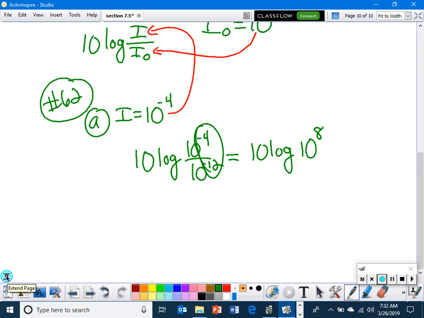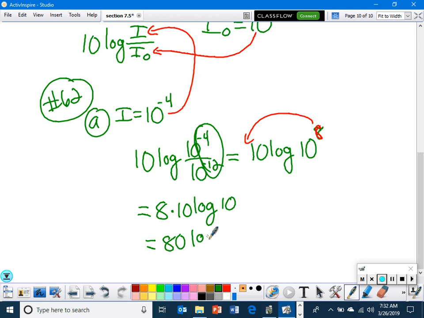Now, using my exponent rules, my power property, that 8 is now going to go in front. So 8 times 10 log 10. Well, 8 times 10 is 80 log 10.